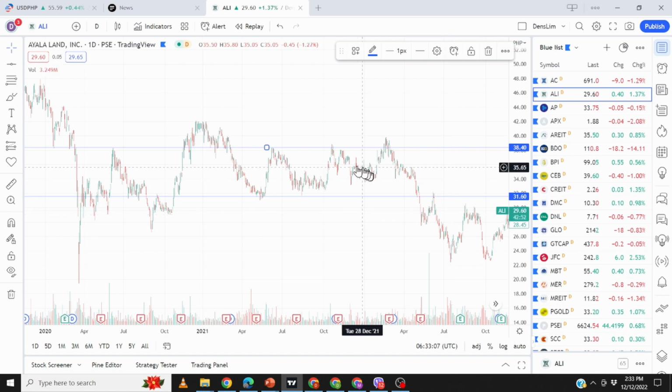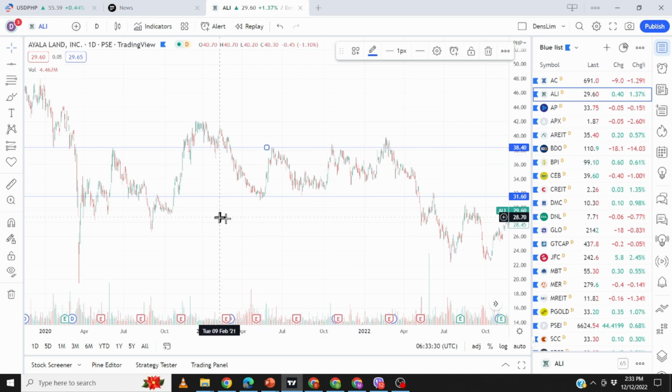So there is a resistance level there. The resistance level is the opposite of support, right? So when the price of your stock reaches resistance, that means there are more sellers at that price level than buyers. So usually the price now goes down, right?